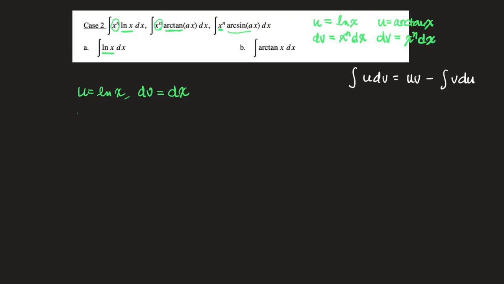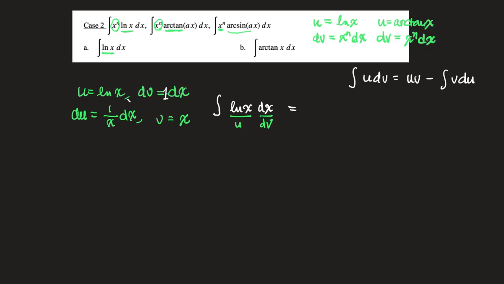So what is du? Differentiate ln x: it is 1 over x dx. For v, integrate x dx. Find the antiderivative. So let's rewrite this one. This one is u, this is dv.